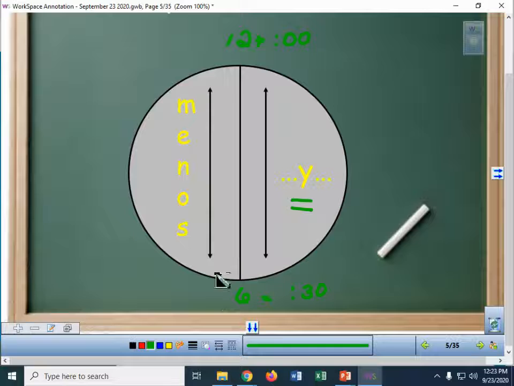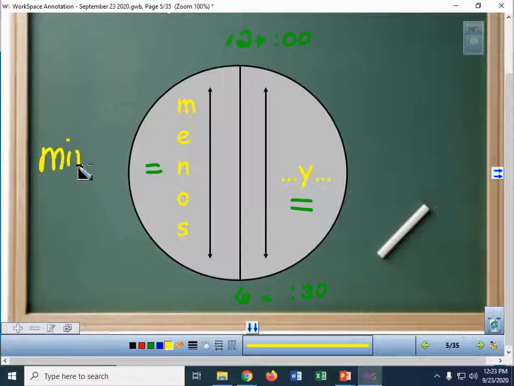Well, from 31, 32, 35 till the next hour, we use the word menos. What does menos mean? It means minus. And you learned this yesterday too from your number lesson. So minus.